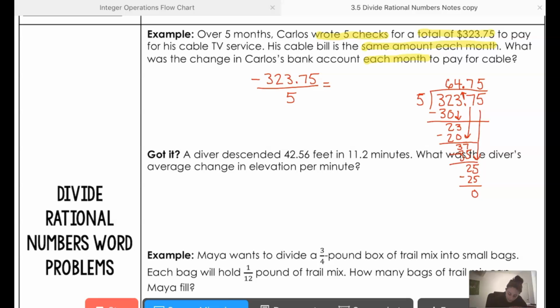So each month, Carlos paid or spent $64.75 on cable.